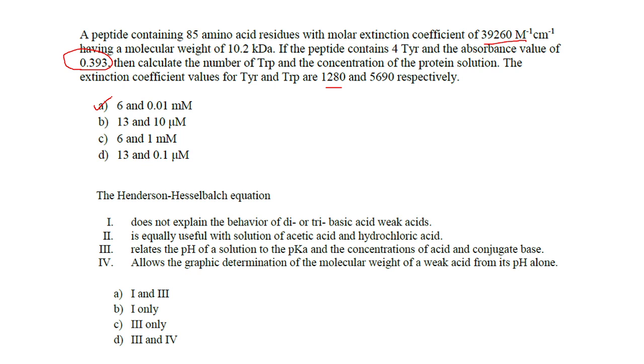It is useful with solutions of acetic acid and hydrochloric acid, relates the pH of a solution to the pKa and the concentration of acid and conjugate base, and allows the graphic determination of the molecular weight of a weak acid from its pH alone. So if you see, the Henderson-Hasselbalch equation is for 3 only, where it relates the pH of a solution to the pKa and the concentration of the acid and conjugate base. So that is only your correct option.